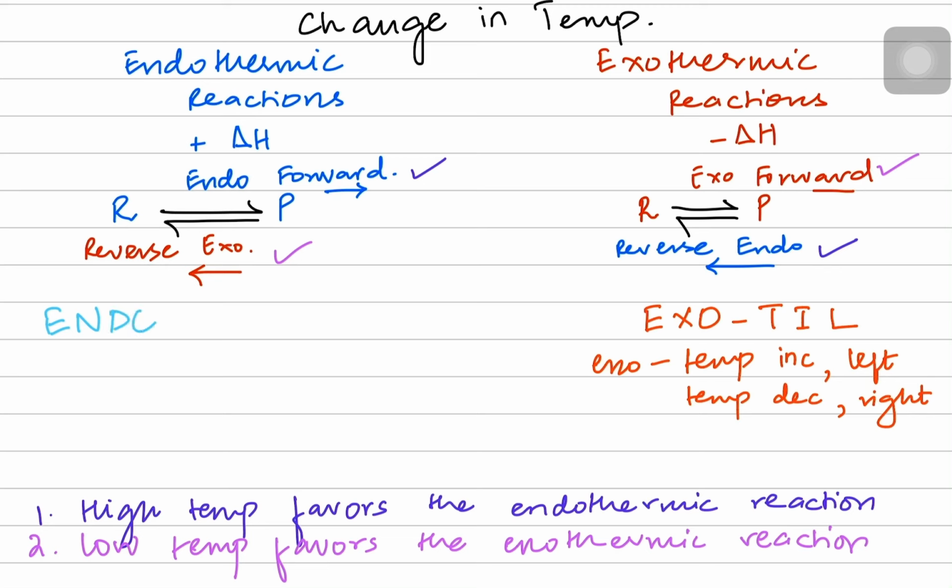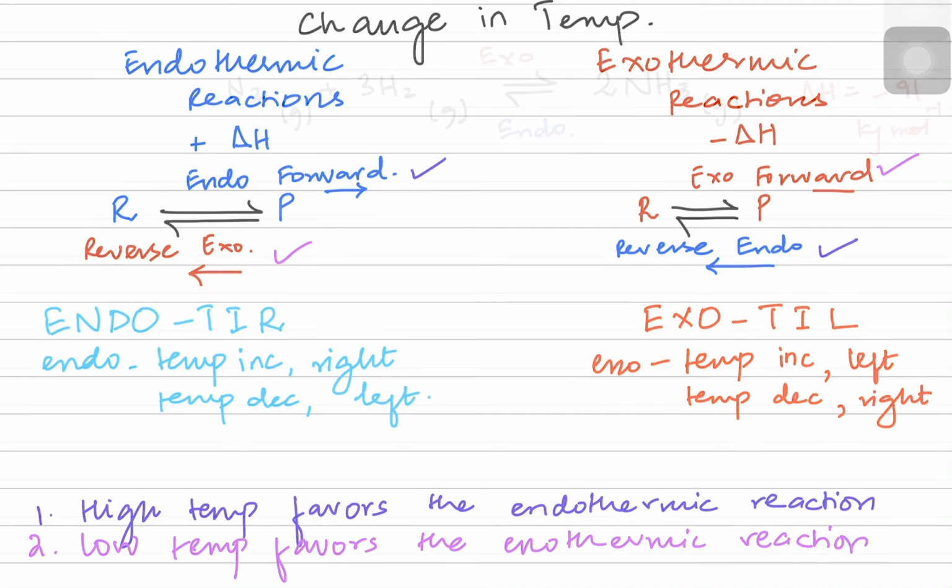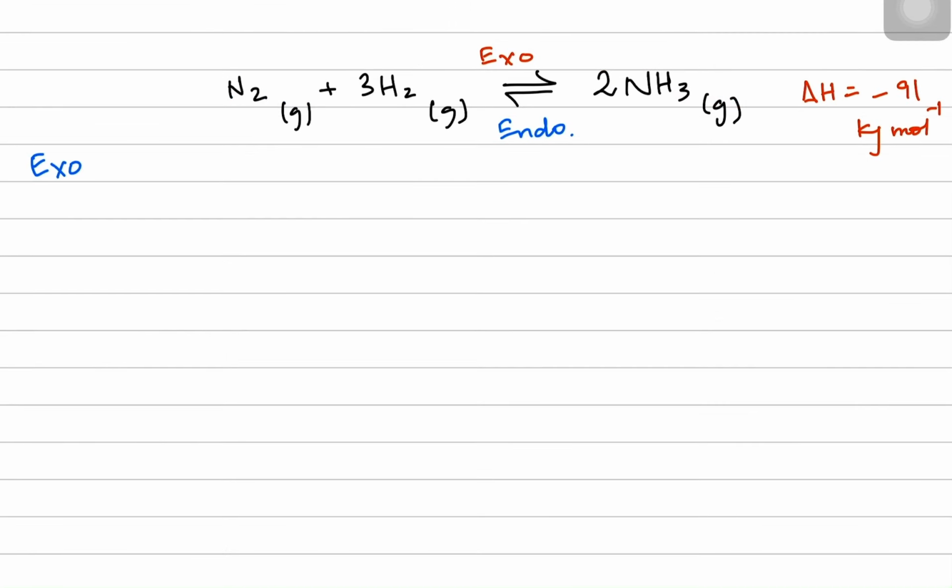We have another word for endothermic reactions, which is ENDOTIR, which stands for in endothermic reactions, temperature increase shifts equilibrium to right, and the opposite would be in endothermic, temperature decrease shifts equilibrium to left. So remember EXOTIL and ENDOTIR.